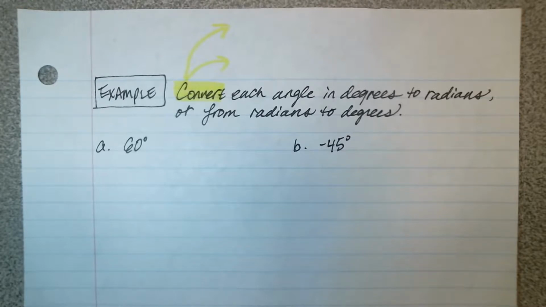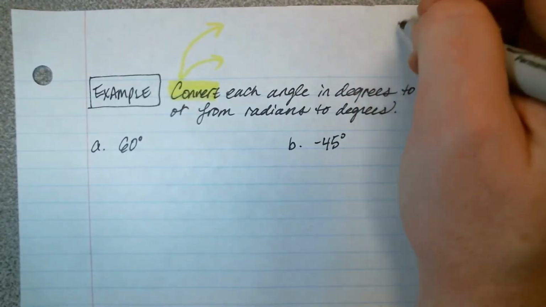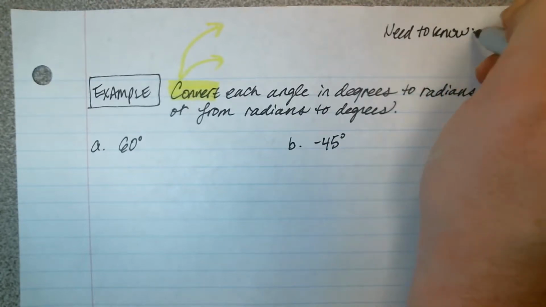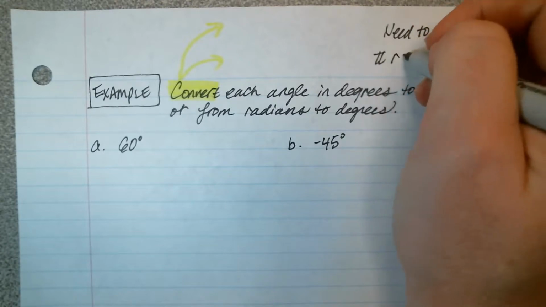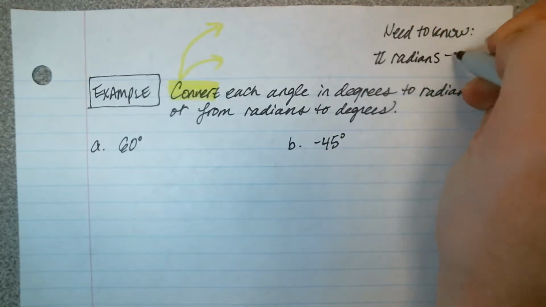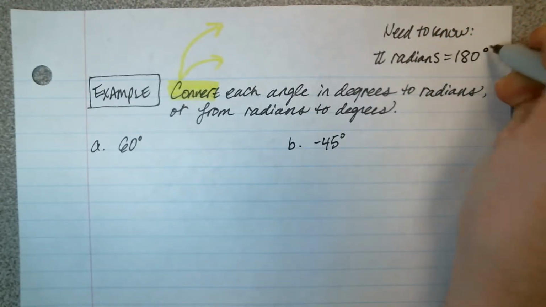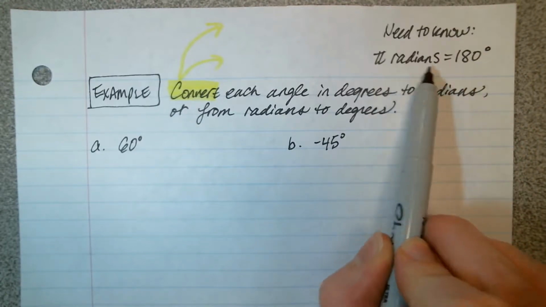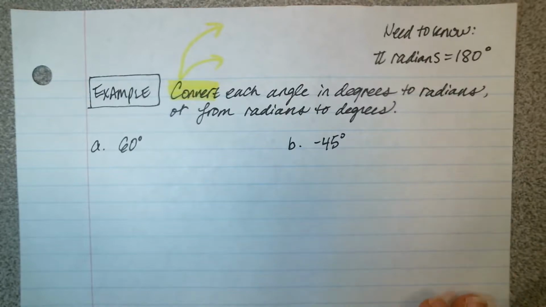So the main thing that you need to know, off to the side, is that pi radians is the same as 180 degrees, okay? This is the main thing. Pi radians is the same as 180 degrees.